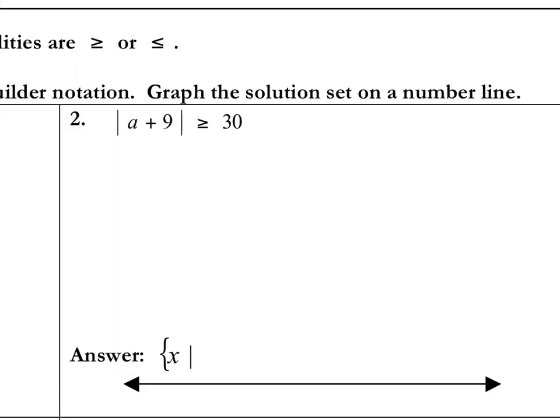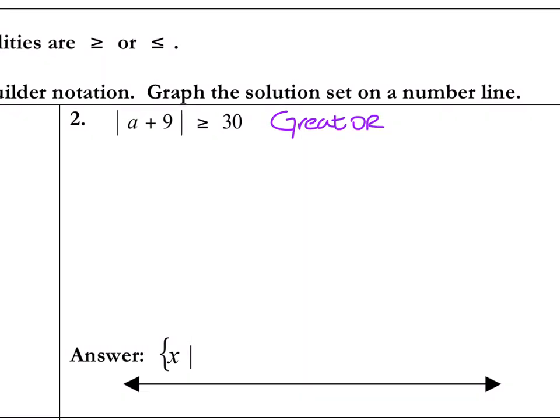So let's jump down here to problem number 2 and try one that's a greater than. So first of all, you want to pay attention to the fact that the absolute value is by itself. Okay, you want that to be alone, which it is. The second thing you want to pay attention to is the fact that this is a greater than symbol. So again, think greater.